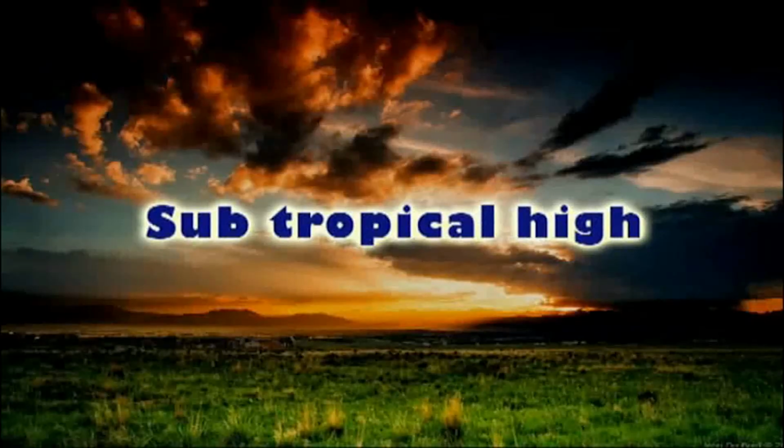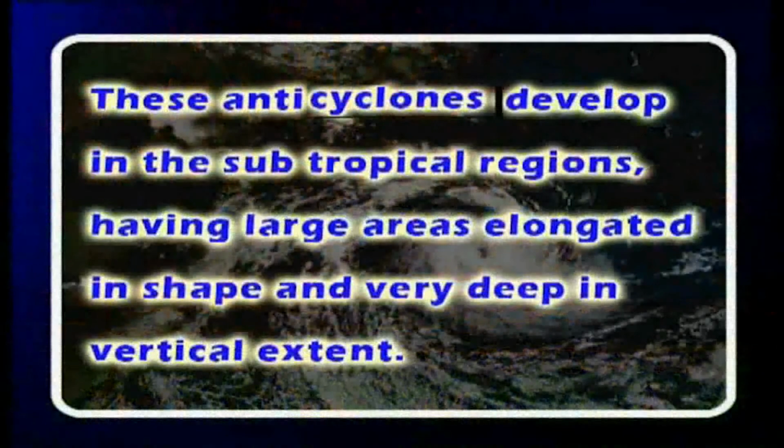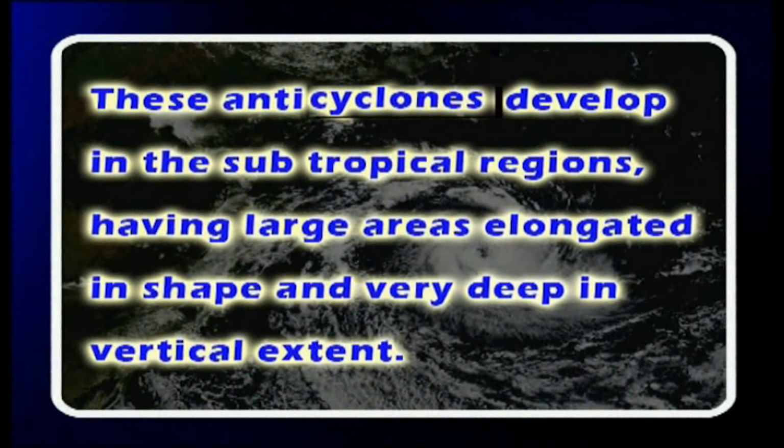Types of anticyclones. On the basis of structure, storm tracks and general characteristics, anticyclones are divided into the following types. Subtropical high. These anticyclones develop in the subtropical regions, having large areas elongated in shape and very deep in vertical extent.